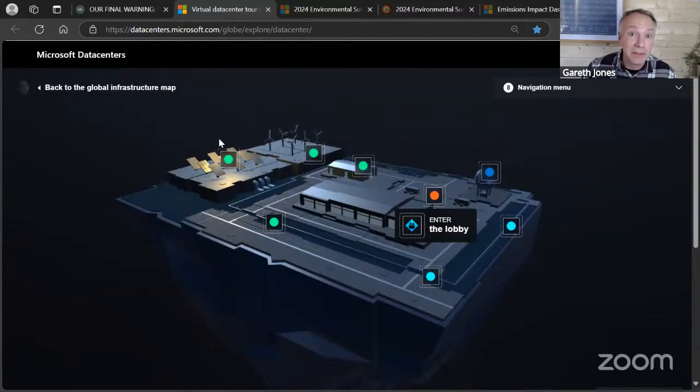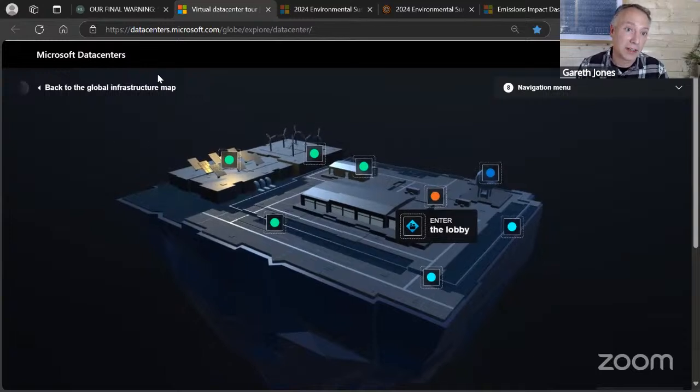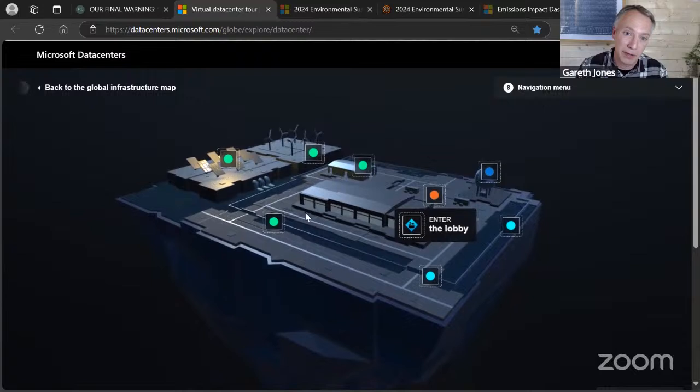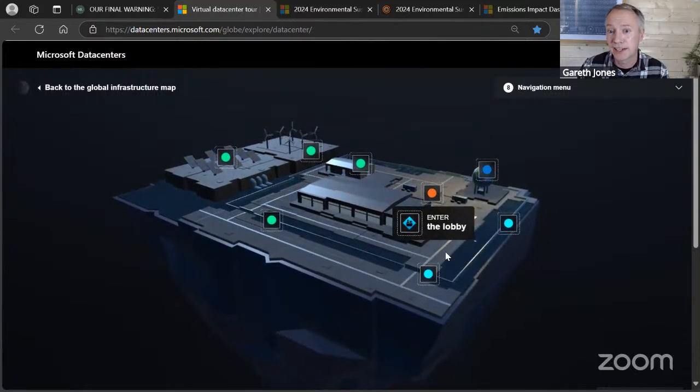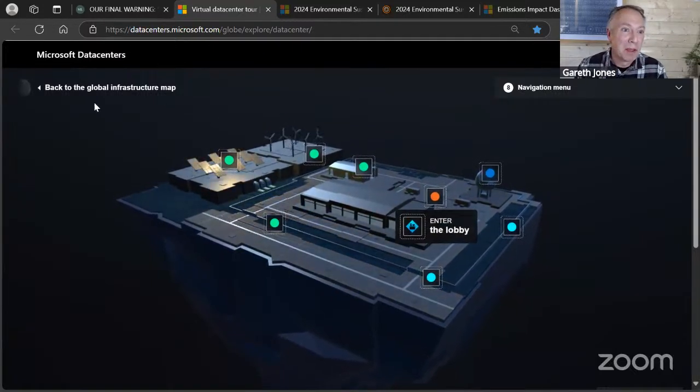It lives in multiple places around the planet and in secure places where you are unlikely to get as much disruption as perhaps if you chucked it in the middle of a volcano. These are in places which have been geographically chosen for a level of security. Now, there's a nice little diagram here, and I know you're urging me to click on these blobs, but you can if you want.